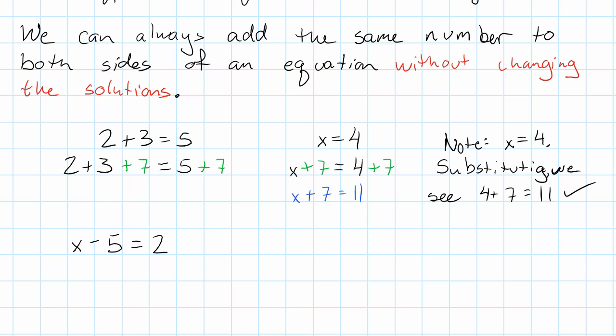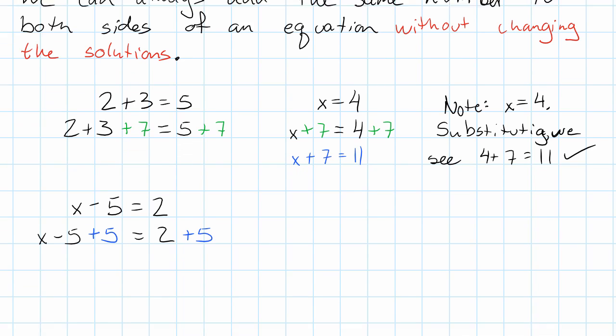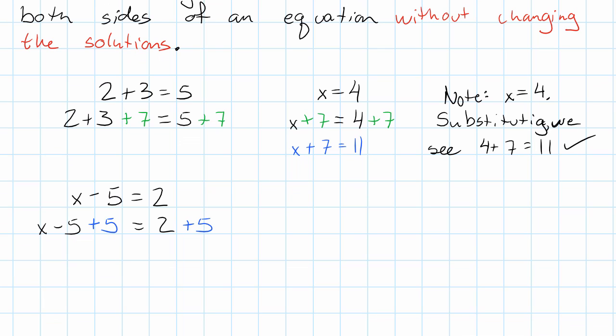Let's say that we know that x minus 5 equals 2, and we decide to add 5 to both sides. Then we would get x minus 5 plus 5 equals 2 plus 5. But now if I simplify what I see on the left, minus 5 just means plus negative 5.